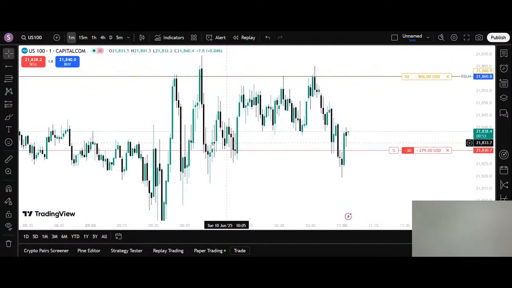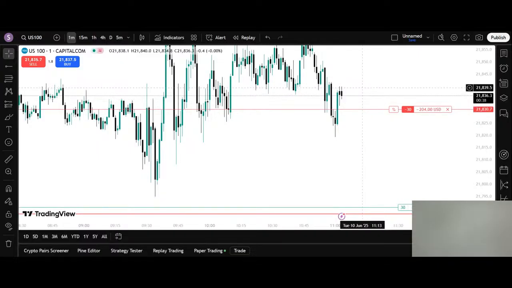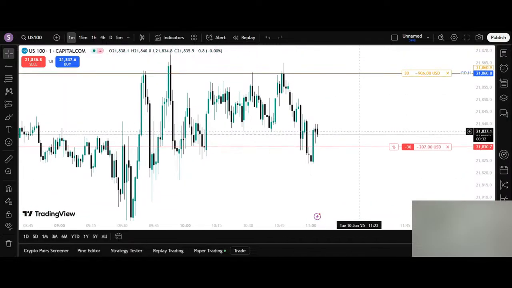Price action sucked today, right around 10:15. It just consolidated for around 45 minutes. Let's see. I just don't want to get stuck in consolidation again.